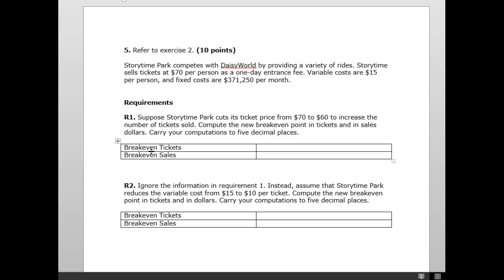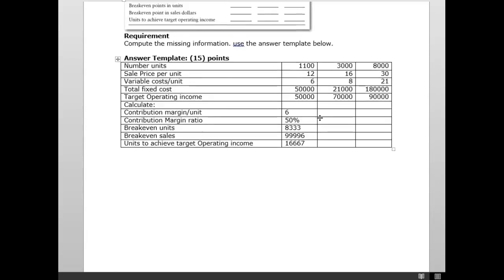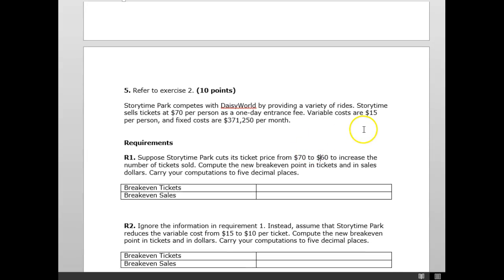Just remember, it's fixed cost divided by your contribution margin. Your break-even in tickets is going to be the CM, which is going to be, instead of 70 minus 15, it's going to be 60 minus 15.